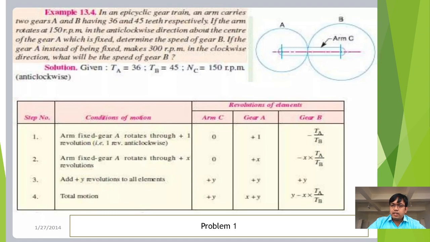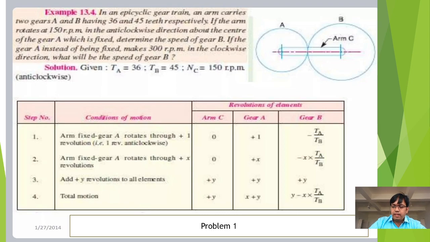Gears A and B are meshed with each other externally, and gear A is the input gear and gear B is the output gear. So if we write the speed ratio between gears A and B, what is the speed ratio? Speed ratio is the ratio of the driving gear to the driven gear. The driving gear is A here, the driven gear is B here.